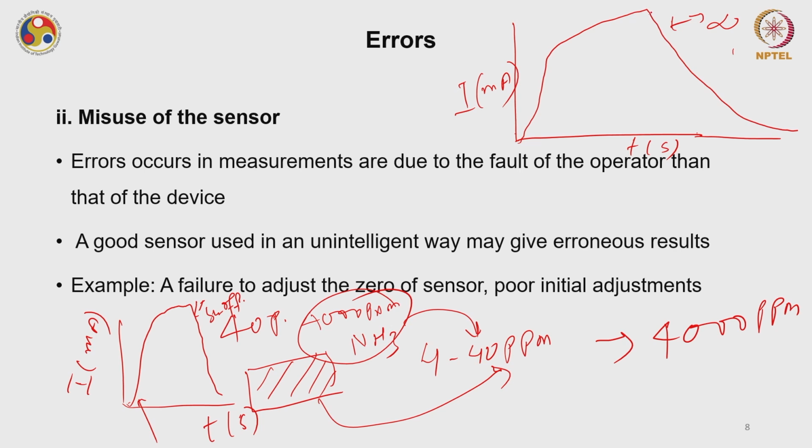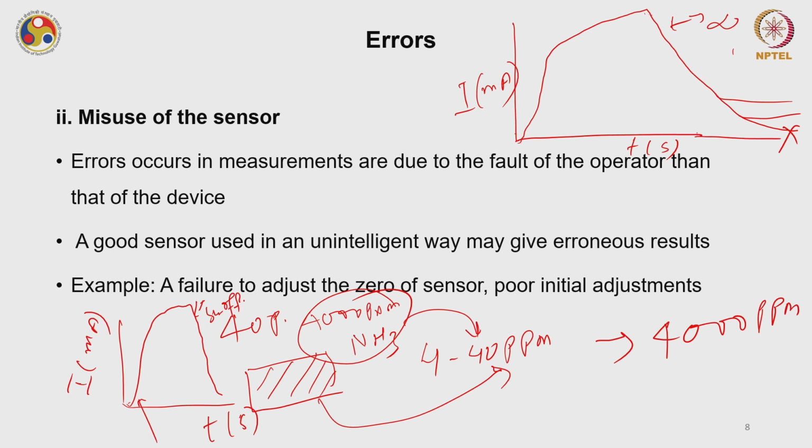Say it has not reached saturation, but keeps on rising. Now when you switch it off, it is not going to come back to its baseline; it will be somewhere here, not reaching this point. This means that certain ammonia gas is already adsorbed on the surface.